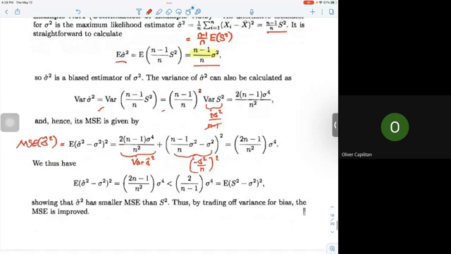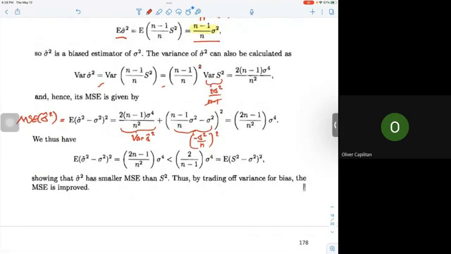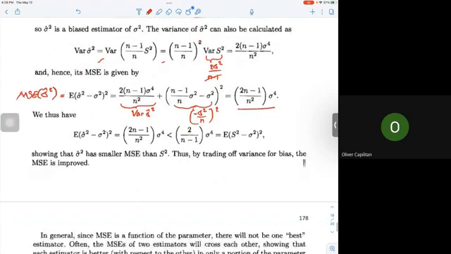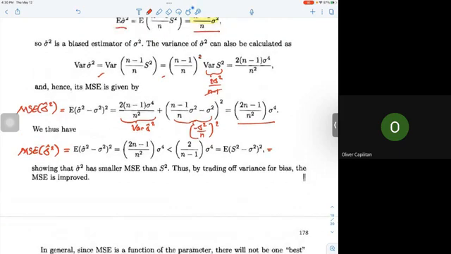And hence, the MSE. This is the MSE of the maximum likelihood estimate of our parameter sigma square. Compare it to the mean squared error of our sample variance S square.